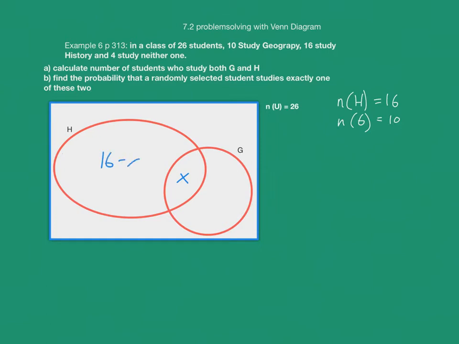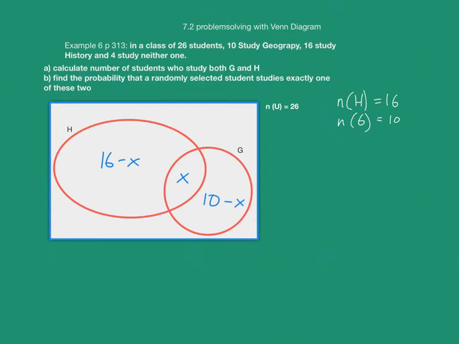16 minus x. Because if you take 16 minus x, and then you add x, you're left with 16. So we know that there should be 16 altogether. And likewise, we can do the same for the geography part here. We know that there are 10 geography students. So we take the 10 that we know about, minus x.